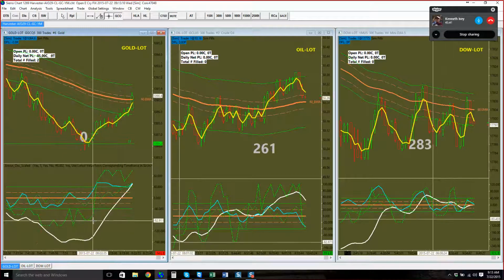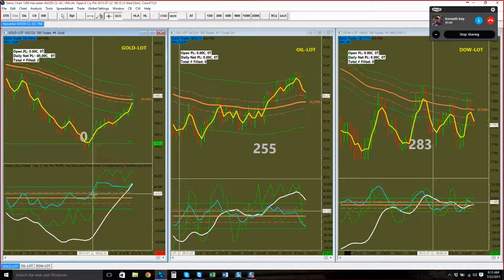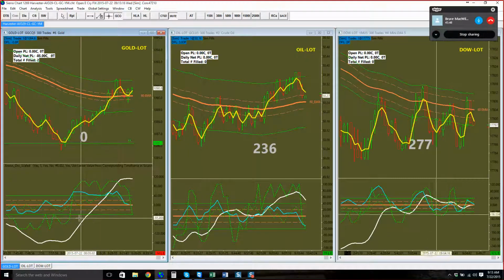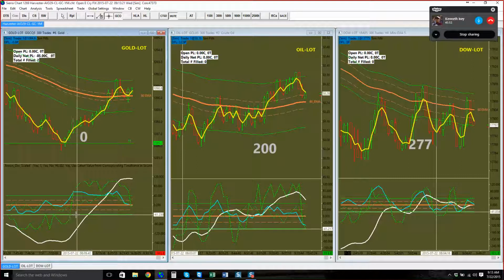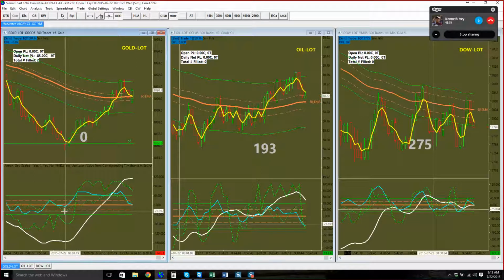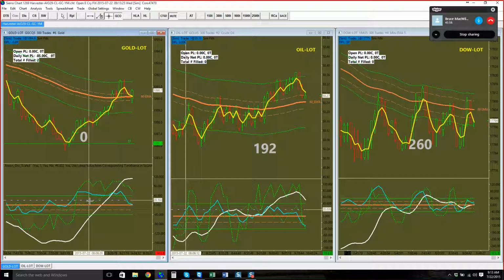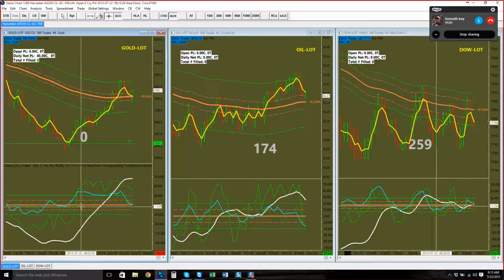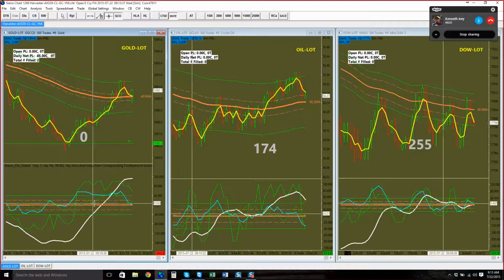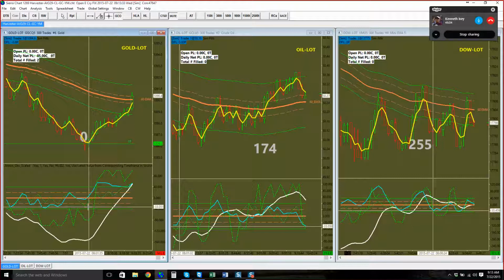Now, we can't rely just on the blue MACD and the white MACD. That's why, as supporting indicators, we have recruited the use of the volume zone oscillator. And that is this light dotted green line. This light dotted green line is the volume oscillator.